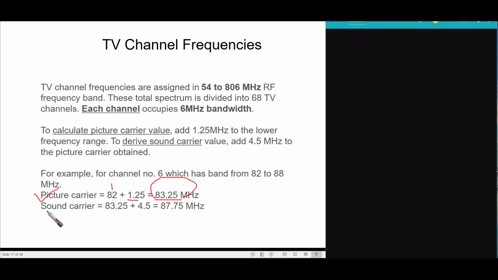And for the audio carrier, we add a further 4.5 megahertz to 83.25, so that is 87.75 megahertz. Now if I give you any channel, for example channel 6 or channel 5, 4, and ask you to calculate the picture carrier and the sound carrier, you should be able to do it.